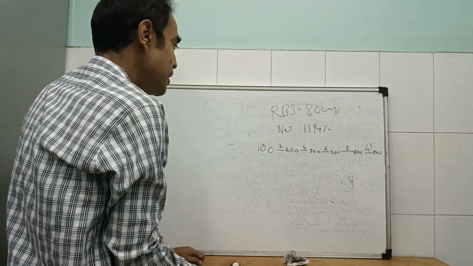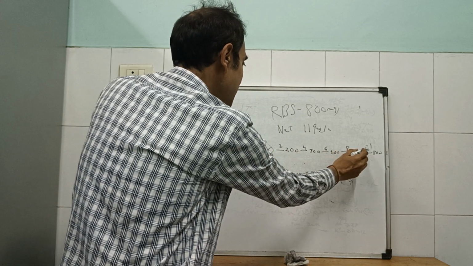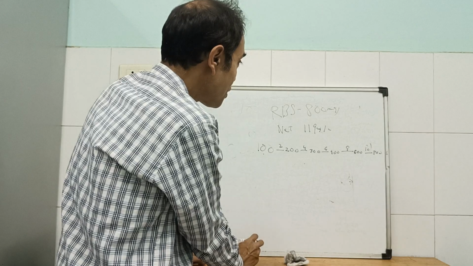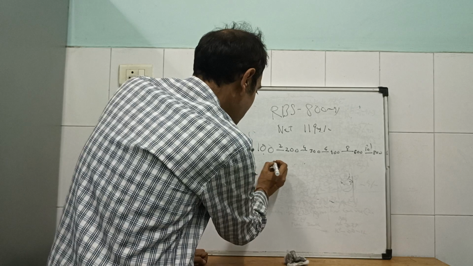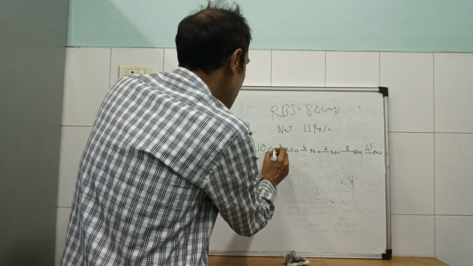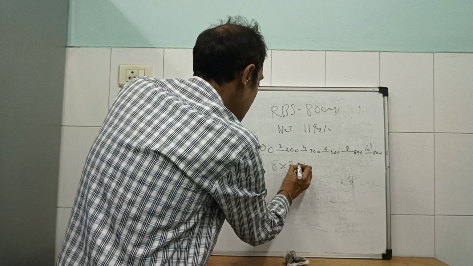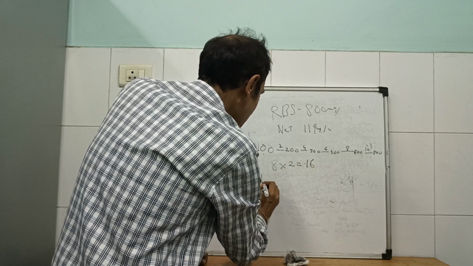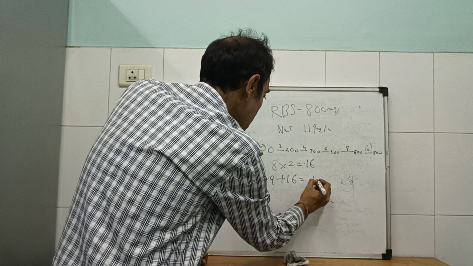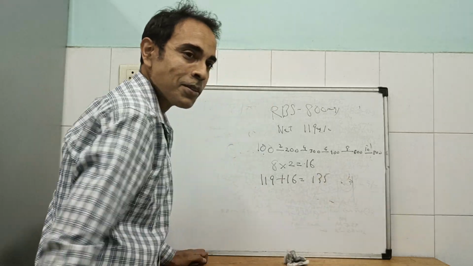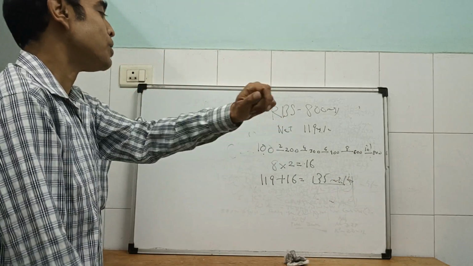That means the sodium has increased 2, 4, 6, 8, 10. So suppose it is increased 8 times, 8 times your 2 is equal to 16. You put 119 plus 16, you find it comes to around 135. So this patient is having a normal sodium level.